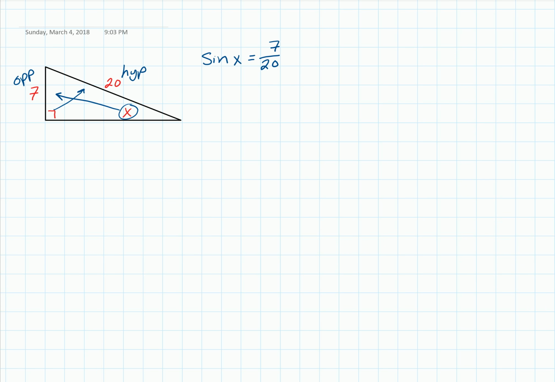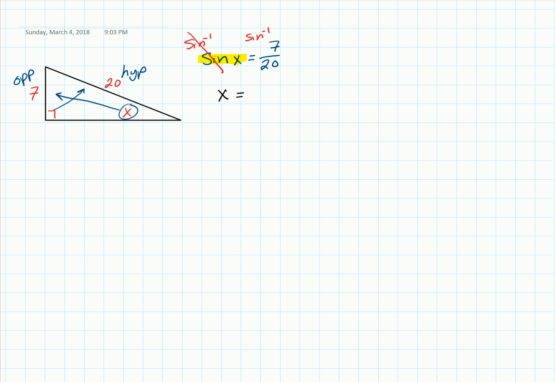I can't actually find the sine of x in my calculator. That's not a feature. But what I can do is use the inverse sine on both sides to cancel the sine, and I'll be left with whatever the inverse sine of 7 over 20 is.